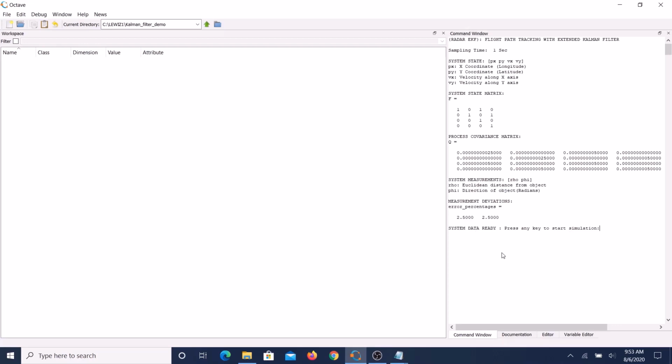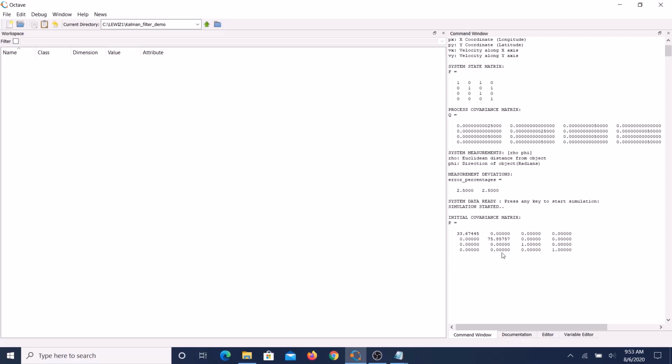So now I am running the same extended Kalman filter as before. So it will use the measurements of distance and angle, but this time the error will be nonlinear. So I will skip ahead to the simulation.